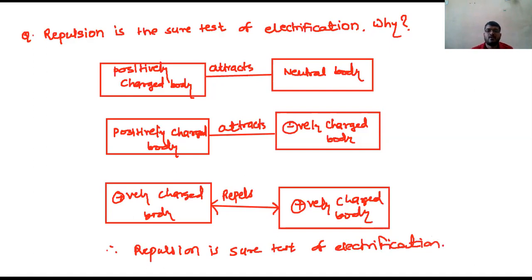See here, I am writing like this: a positively charged body attracts a neutral body as well as a negatively charged body, but it repels only a positively charged body. Hence, repulsion is the sure test of electrification. Is that clear? Understood? Yes. So note down this.